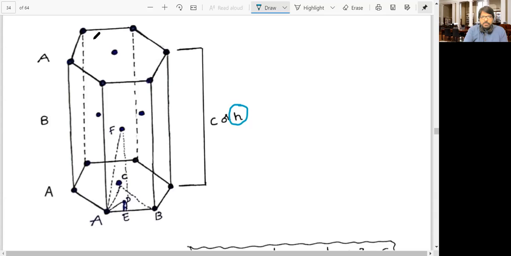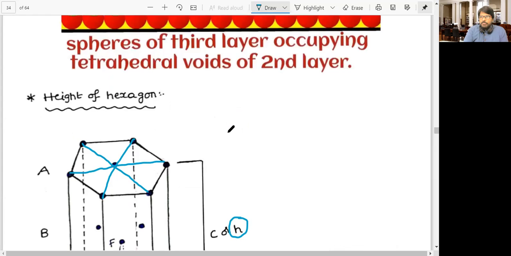You already know the base area. The base has 6 equilateral triangles, so the base area is 6 into the area of a triangle. If the base area is multiplied by the height, you will get the volume of the unit cell.